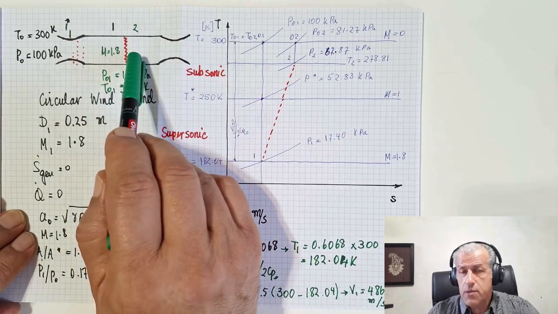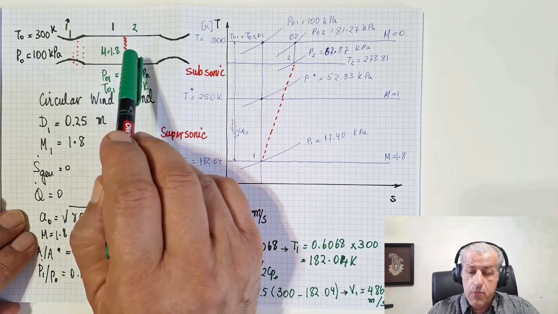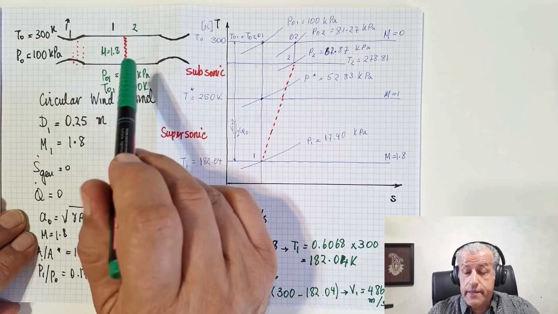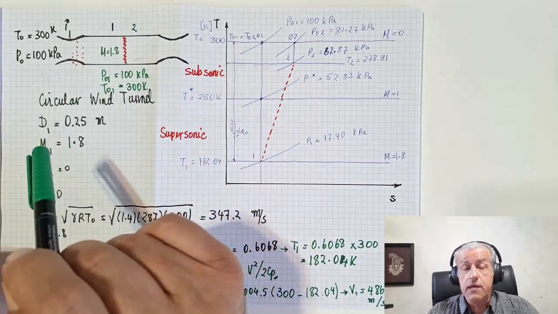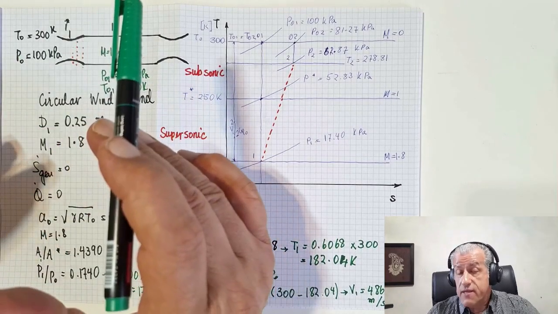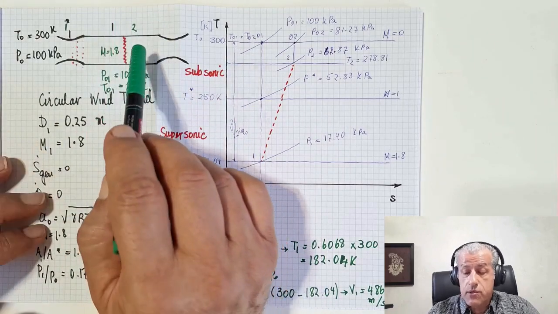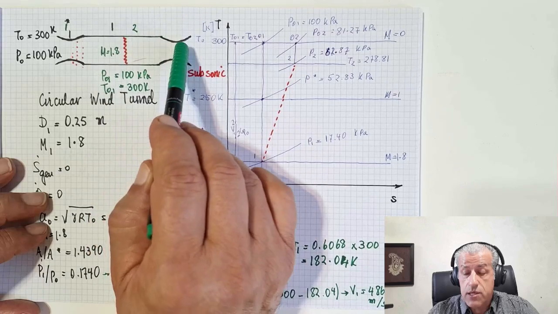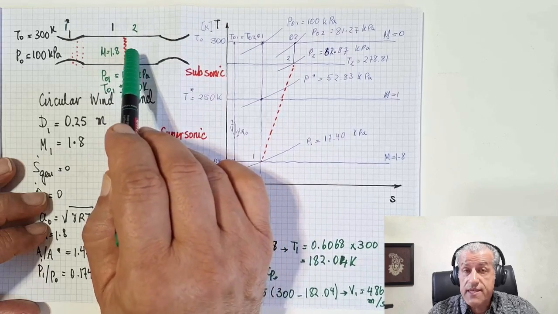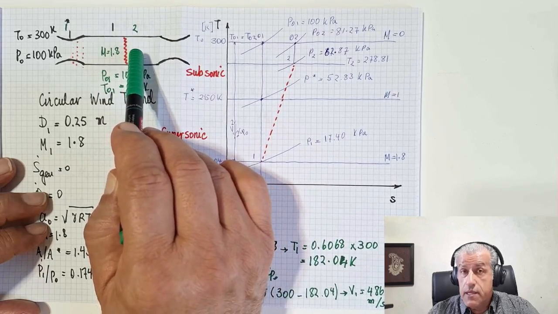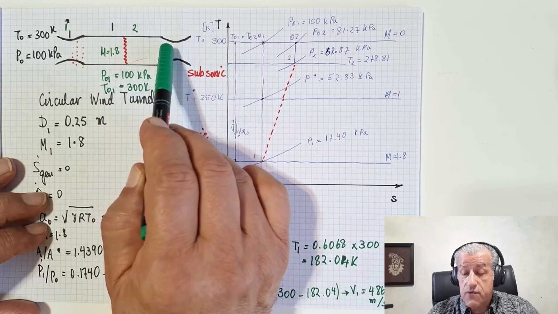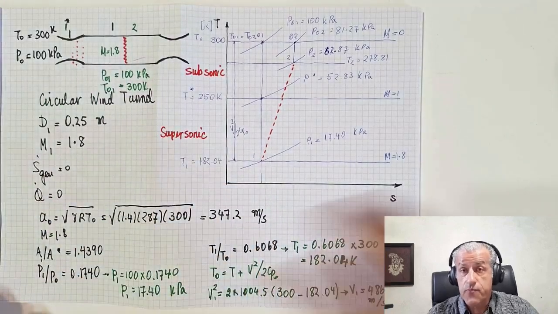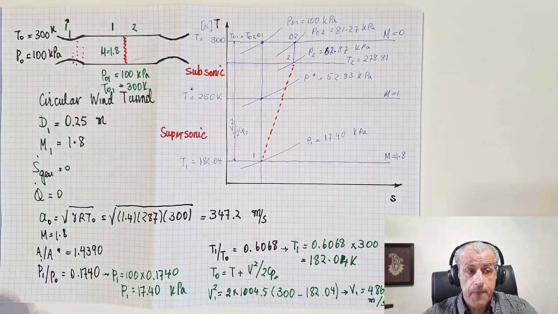The total temperature has remained the same, but the total pressure has changed after the shock, and therefore static values have changed, and also the Mach number. So if we want to calculate the throat for these conditions, that would be a different throat that we have to calculate as well.